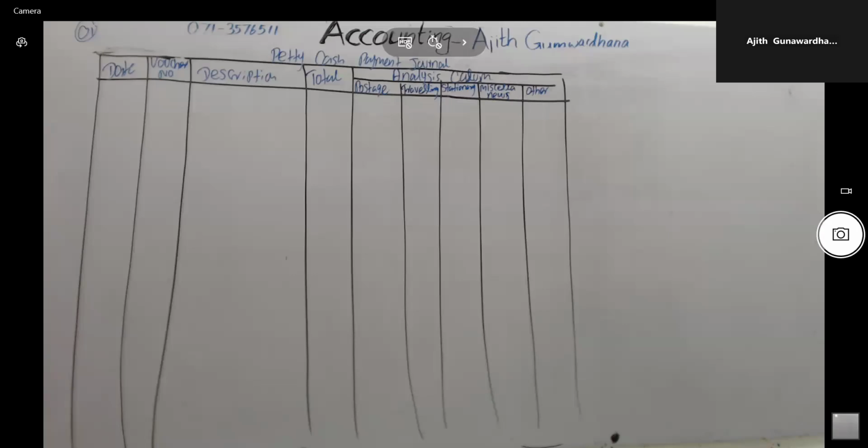Right, first draw the format like this. Transaction numbers 1 and 2 cannot be recorded here. One, it has given the opening balance, and second, the receipt from the chief cashier.